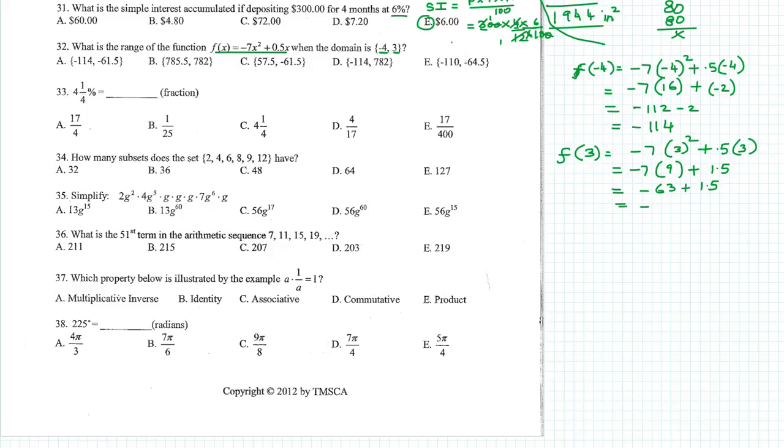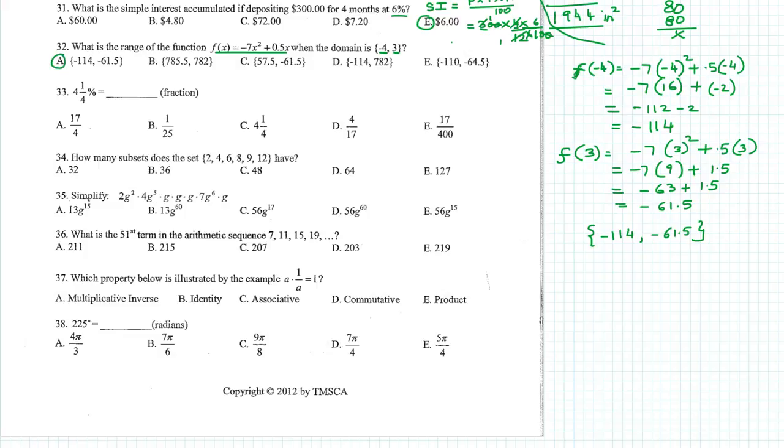This will give us minus 61.5. So the range of the function, which simply means the value of the function, when the domain is minus 4 comma 3, is minus 114 comma minus 61.5. So we will select A as the answer.